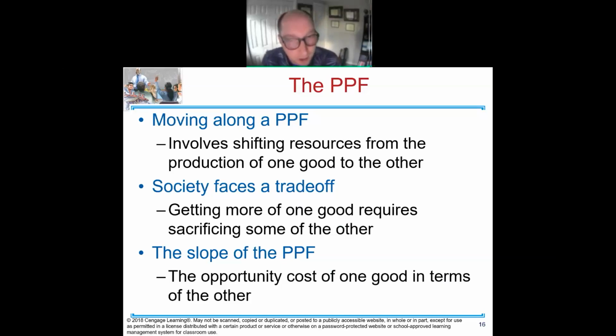So some other things to take into consideration with this production measure: if I'm manufacturing more than one good, I need to sacrifice one or the other at some point. There's a shift in the level of production from one good to another.